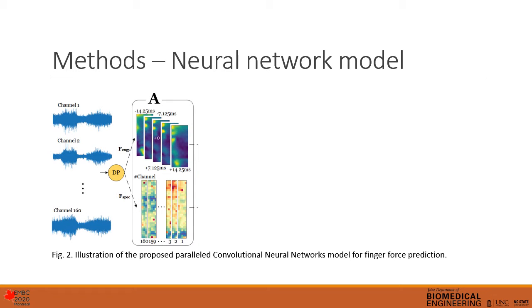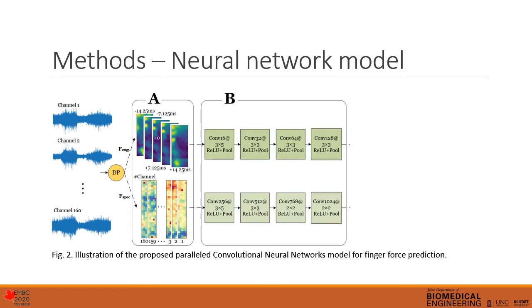The figure shows the proposed parallel convolutional neural networks model for finger force prediction. The upper part of panel A illustrates the energy heat map feature and the frequency spectrum feature from 5 consecutive windows. Panel B shows the two pathways of CNNs with kernel sizes indicated in the blocks.